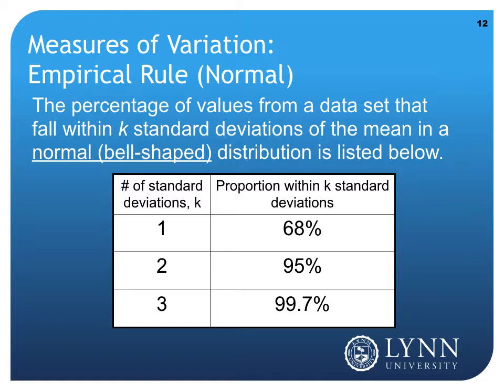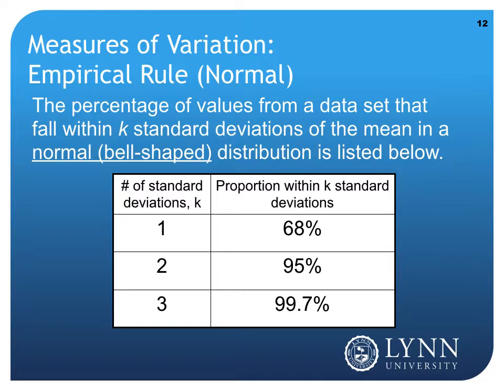The empirical rule, as I mentioned to you, is used all of the time. It's important for you to know it, to understand it, and recognize when you're being asked questions about it. What that says is that within plus or minus one standard deviation, you're going to find 68% of all of the data. Within plus or minus two standard deviations, you're going to have at least 95.44% of the data.